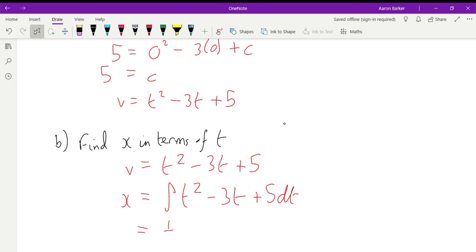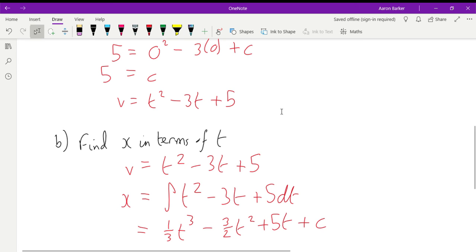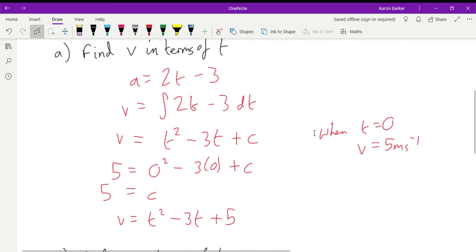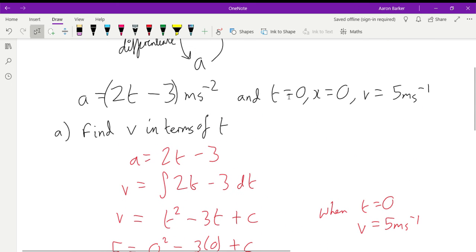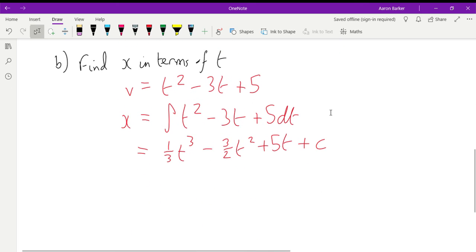So I would get 1/3 t cubed minus 3 over 2 t squared plus 5t plus a constant. And I'll go back to my boundary conditions now. When t equals 0, the displacement is 0.